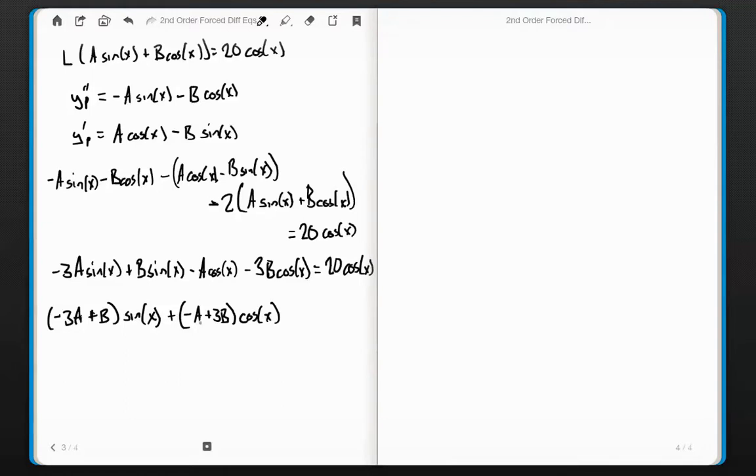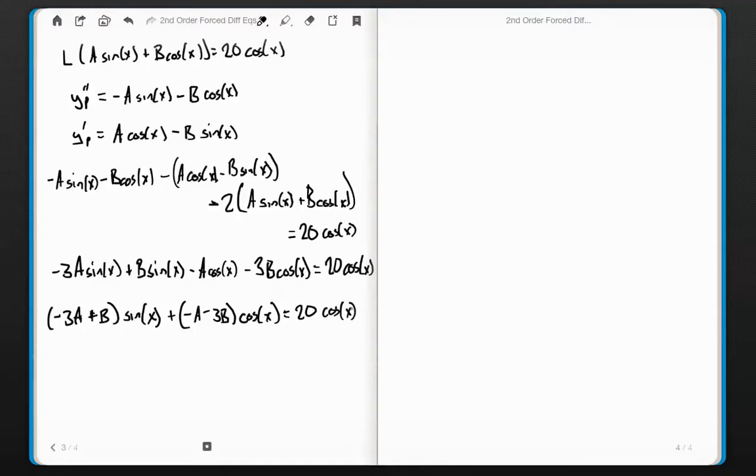Right, I think if I distribute my negative signs correctly, yeah, because that's minus a and minus 3b, yeah, equals 20 cos x.